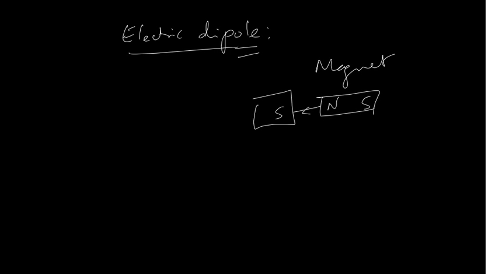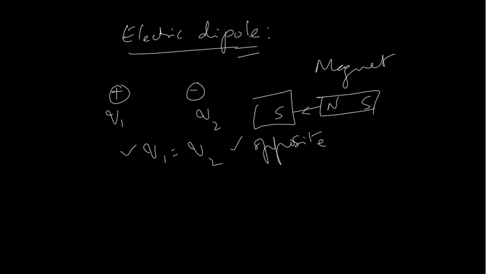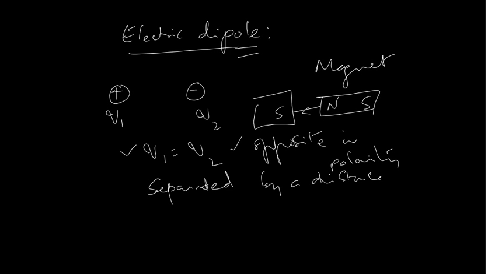So in the electric dipole case, you have a positive charge and a negative charge. Wherever you see two charges, say Q1 and Q2, if they are equal in their charge and opposite in polarity, and separated by a distance d, then we call that a dipole.